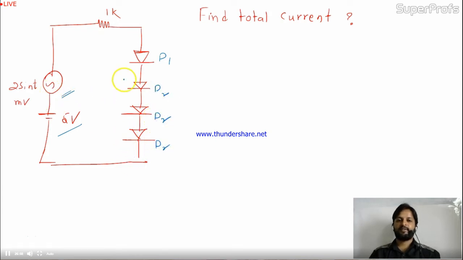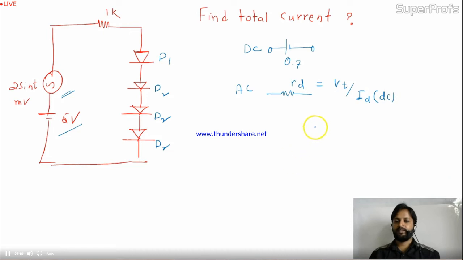And we have seen just now, the diode works like a simple drop across it for the DC source, and for the AC source, the diode works like a resistance whose value is given by VT divided by I_DC. Is it okay? And VT for this question is already given as 25 millivolt.